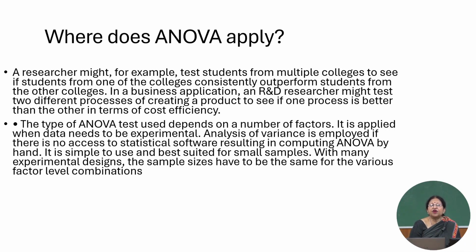Where does ANOVA apply? A researcher might, for example, test students from multiple colleges to see if students from one of the colleges consistently outperform students from the other colleges. In a business application, an R&D researcher might test 2 different processes of creating a product to see if one process is better than the other in terms of cost efficiency.